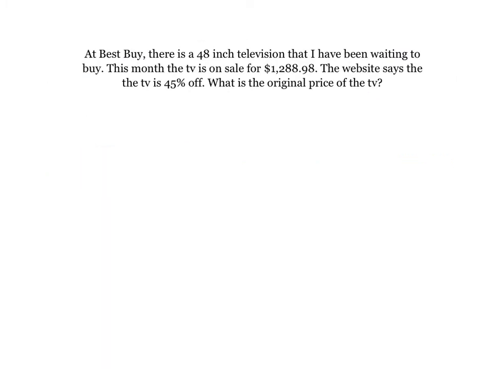Our next question says, at Best Buy, there's a 48-inch TV that I've been wanting to buy. This month, the TV's on sale for $1,288.98. The website says that this is a 45% off discount. What is the original price? Part, whole, percent. When we think about this, the original price is always the whole.